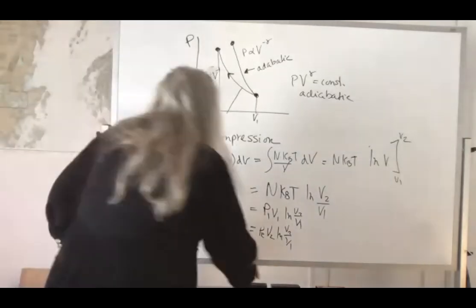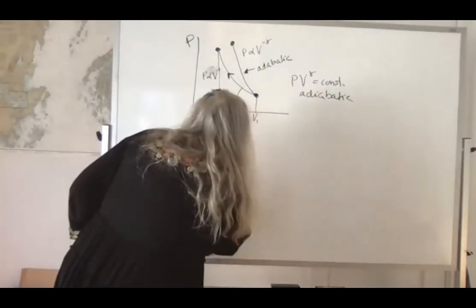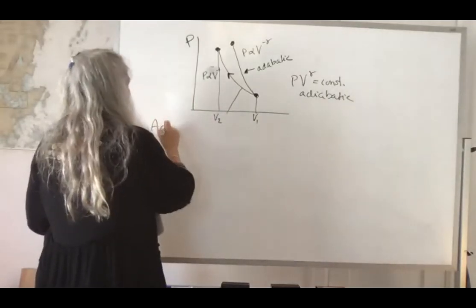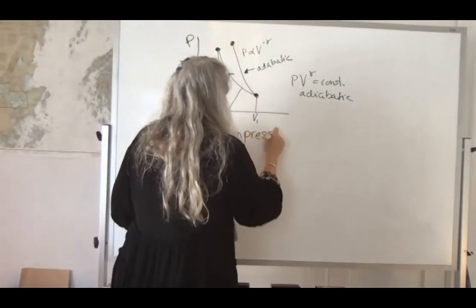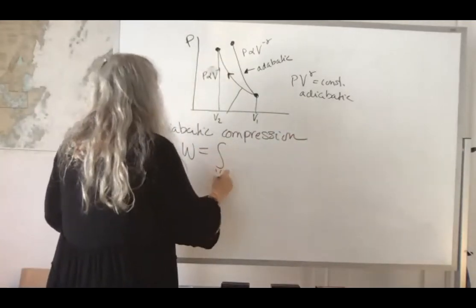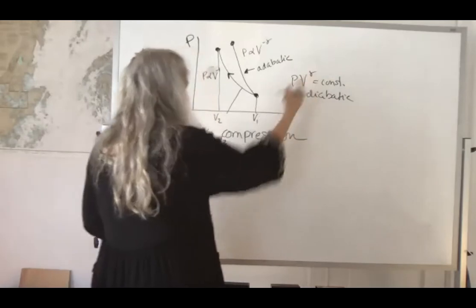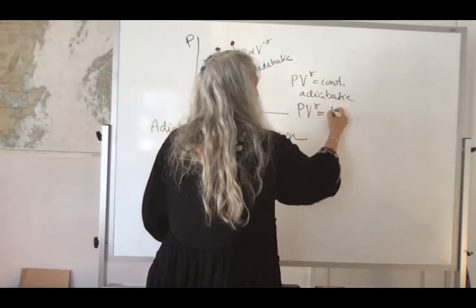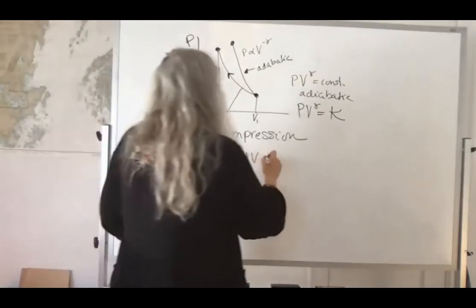So now let's do adiabatic compression. Again, V1 to V2 of P dV, but P is now V to the minus gamma. So let's say PV to the gamma is equal to K, where K is a constant along the trajectory.